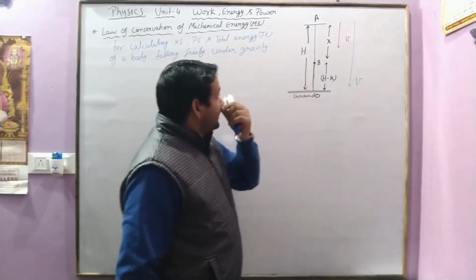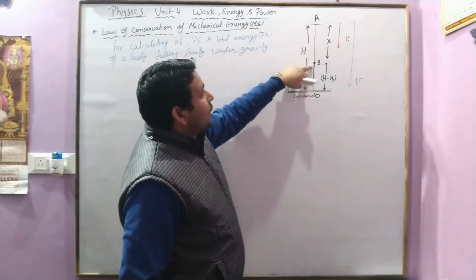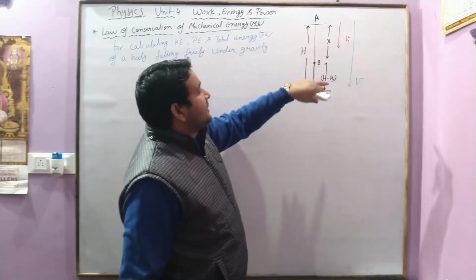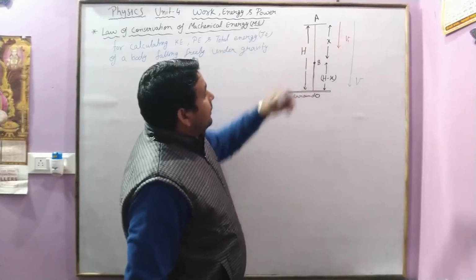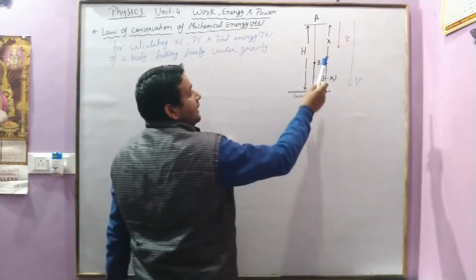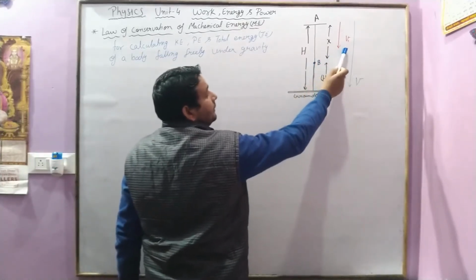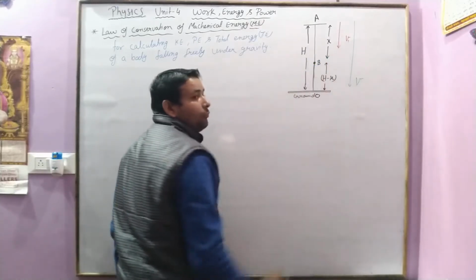Let there be a point B in between, at x meter distance from point A. When the object reaches B, let its velocity gain be v1.